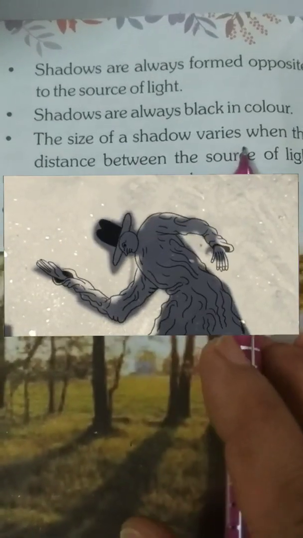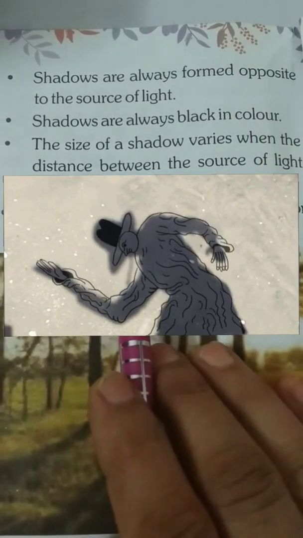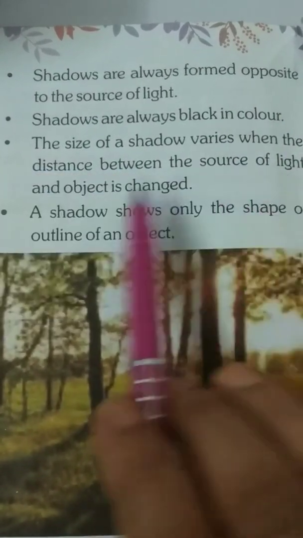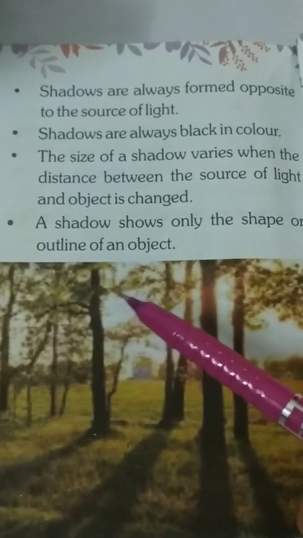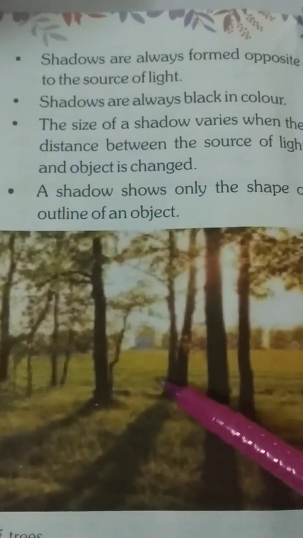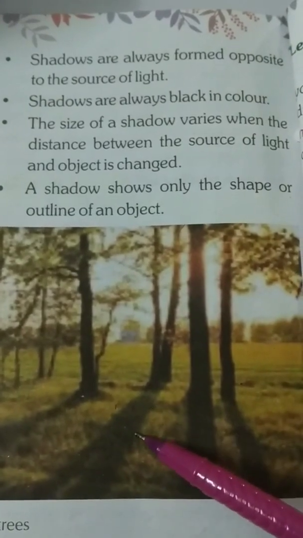The size of shadow varies when the distance between the source of light and object is changed. Shadow shows only the shape or outline of an object.